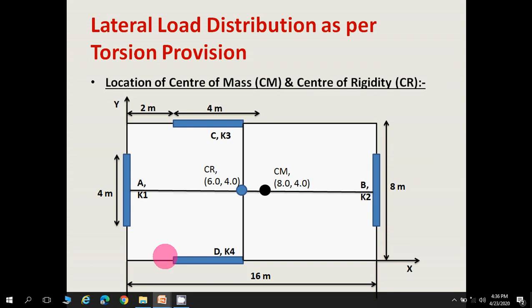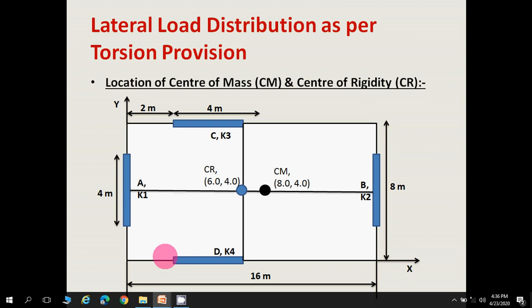As you can see in this picture, there are four walls A, B, C and D of stiffness K1, K2, K3 and K4 respectively. These walls have the same length, same cross-sectional area and same material, so their stiffness is also the same, because stiffness is defined as load per unit displacement or deflection.